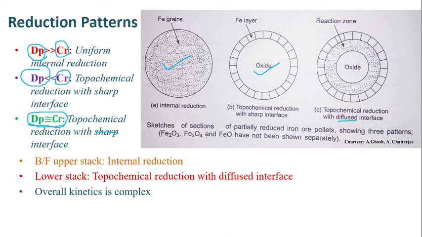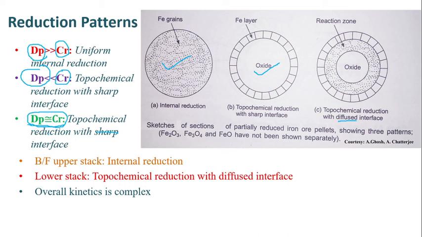Overall, we can conclude that iron ore reduction kinetics is complex enough because its conditions are generally varying from point to point. The ore undergoes changes at each and every point of the blast furnace. In different parts of the furnace, the temperature varies, and also the gas composition varies.